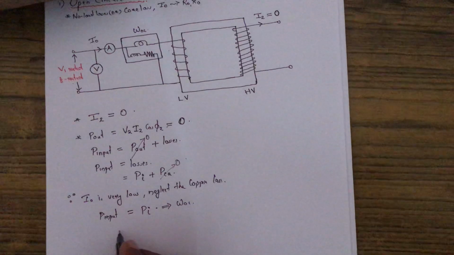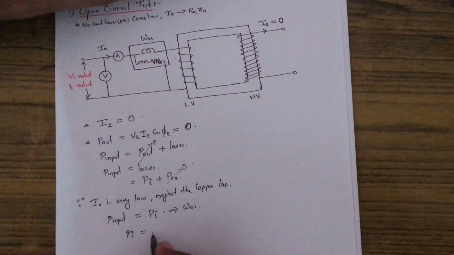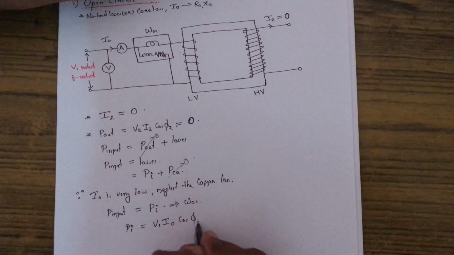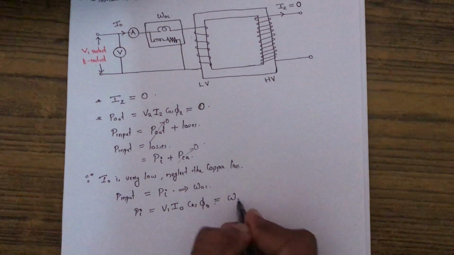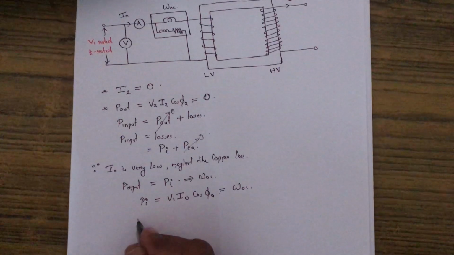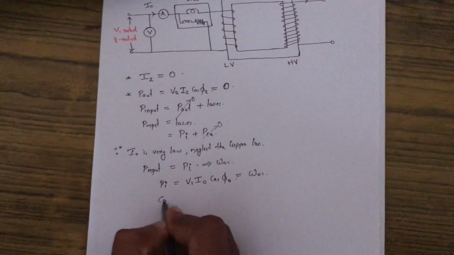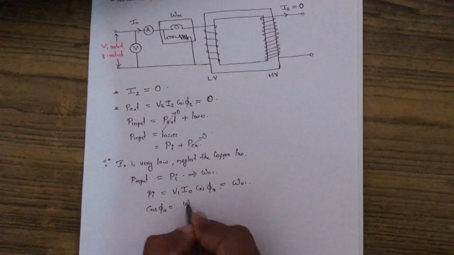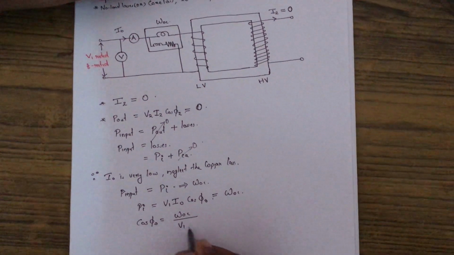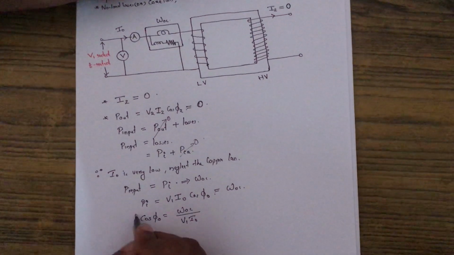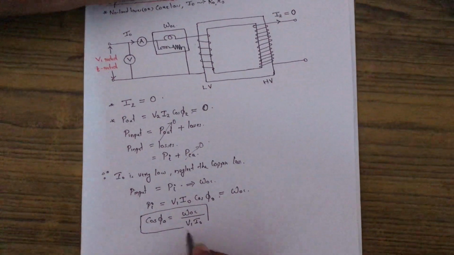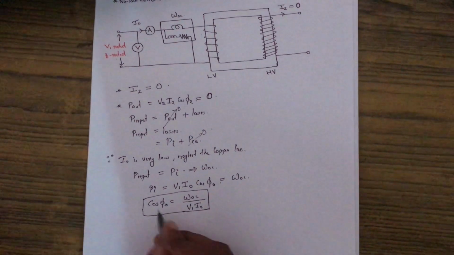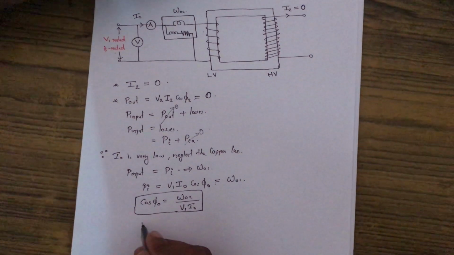Writing the equation for input power, V1 I naught cos phi naught is measured by WOC. Therefore cos phi naught is equal to WOC divided by V1 I naught, so we can get the value of the no load power factor cos phi naught.